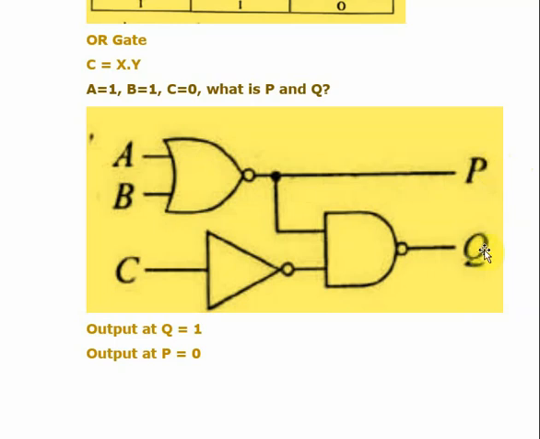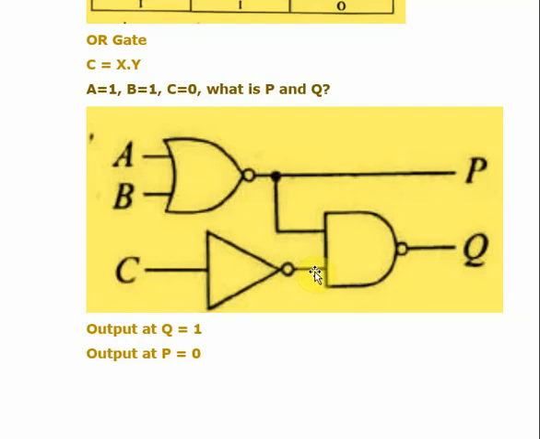We'll see Q. This is 1. This is 1. So here the output you are getting is 0. That is fed here. Then C is equal to 0. If you feed 0 here, it's a NOT gate, so this becomes 1.